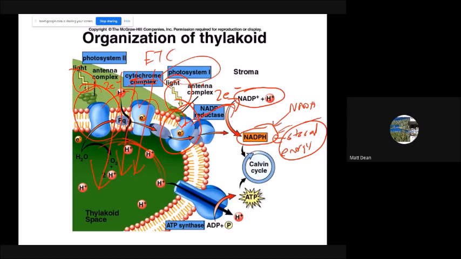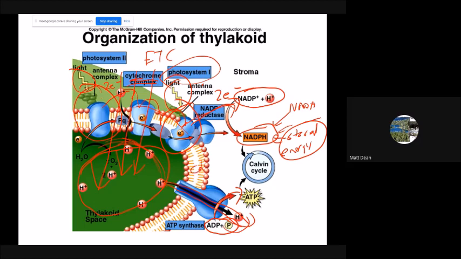The other thing that happens here, though, is these H pluses build up and the concentration gets higher and higher inside the thylakoid. There's really only one way out because of the phospholipid membrane that makes up the thylakoid, and that's out through ATP synthase. These things shoot out with lots of kinetic energy, and that energy is harnessed by this enzyme, ATP synthase, to take ADP and P to make ATP.